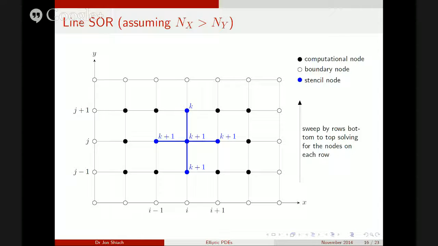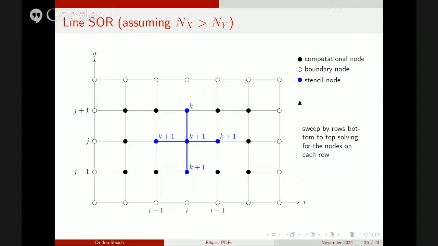They are unknowns. So we're going to update the k+1 values along this row. The row to the north, we haven't got there yet, so this is still the previous value k. Okay, so we know the values below. We're trying to solve for the values on this row. We don't know yet what the values of the row above are.